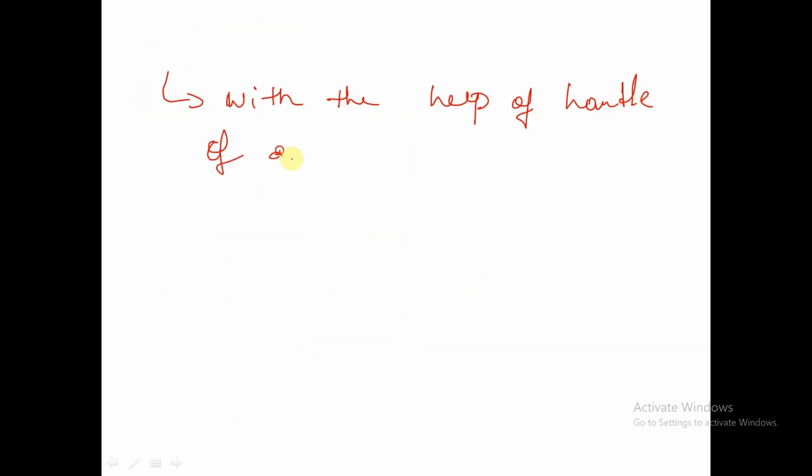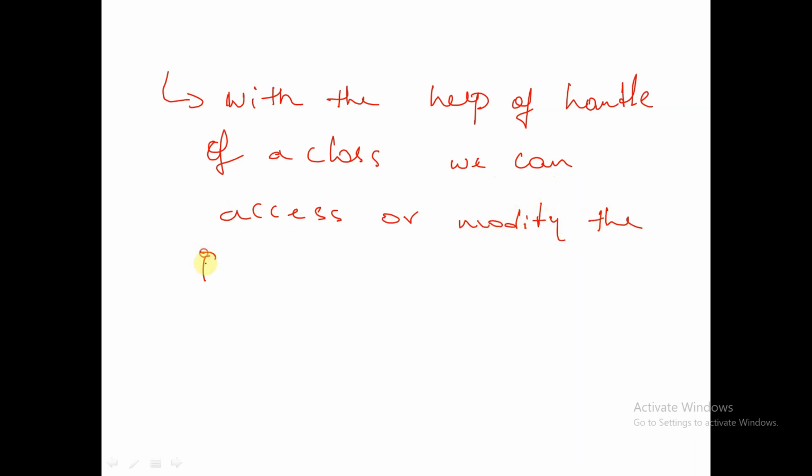So basically, with the help of the handle of a class, we can access or modify the properties or methods, which are nothing but variables or functions or tasks of a class.